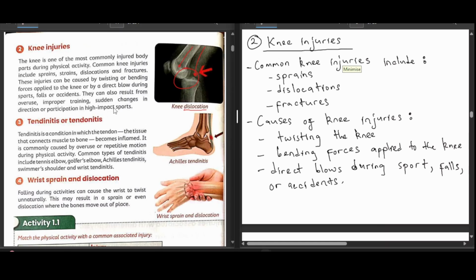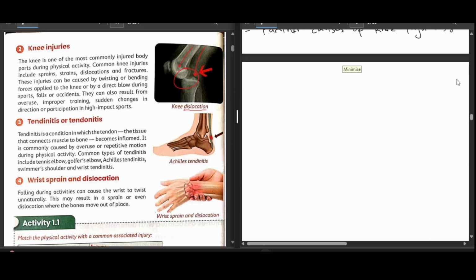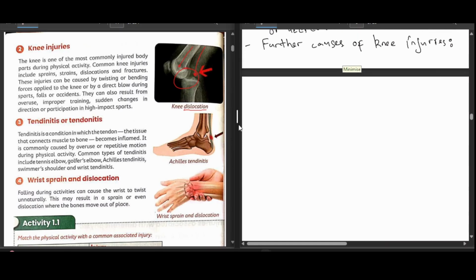They can also result from overuse, improper training, sudden changes in direction, or participation in high impact sports. So what are the further causes of knee injuries? They also result from overuse.